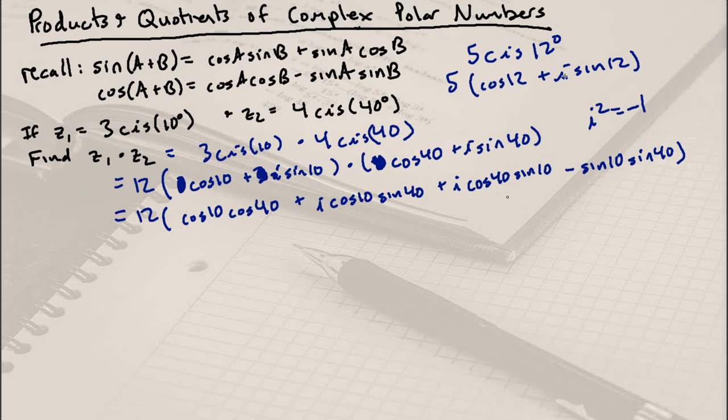At this point we have this long list of things, and we want to look at the sum and difference trig identities, because that's what this is looking like. I have a cosine 10 and a cosine 40, and a minus sine 10 and a minus sine 40, so I'll collect those together, and that looks like this identity. Let's see what's left.